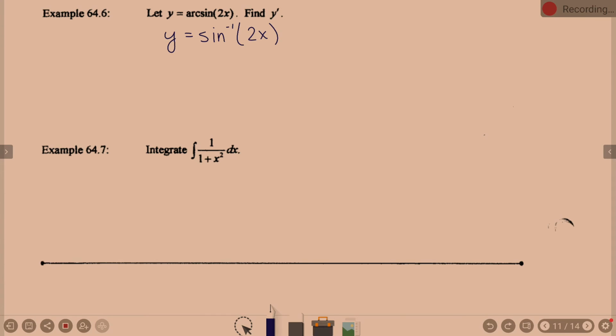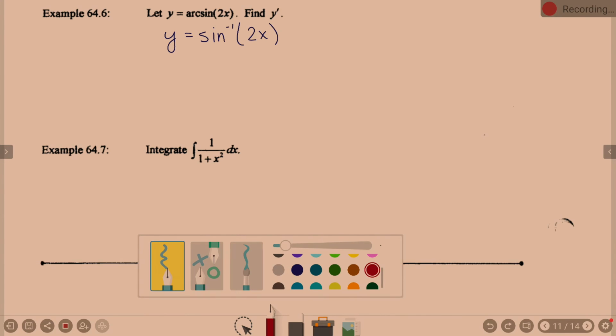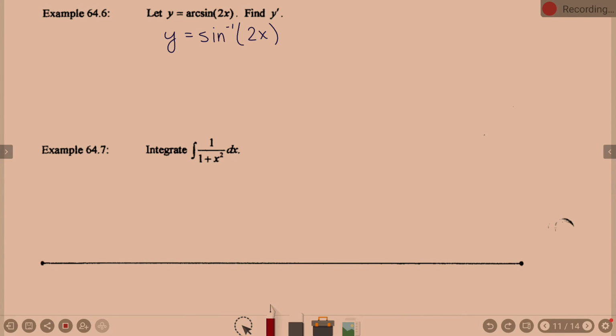Now if you want to go ahead and think about the form x over a, like I did up above earlier. What's in place of x over a? It's just the 2x, right? What's 2x as a fraction? 2x over 1.